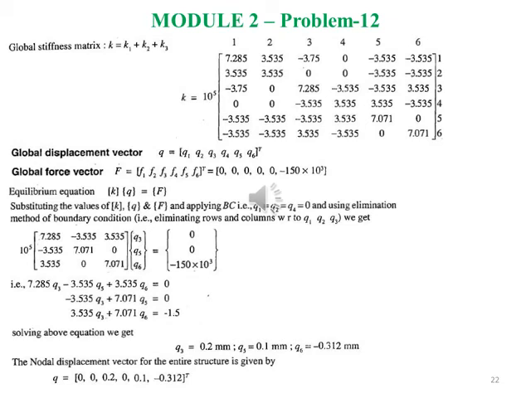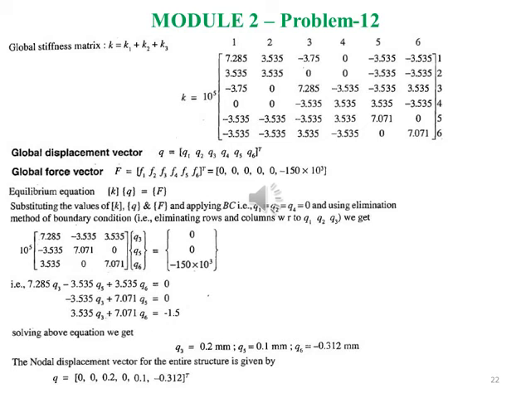Also, element 3 has one node that is common with element 1, that is nodes 1 and 2. Row 1 and row 2, column 1 and column 2 in element 3 are to be added with row 1, column 1, row 2, column 2 of element 1.